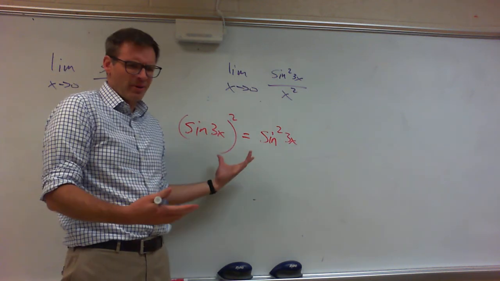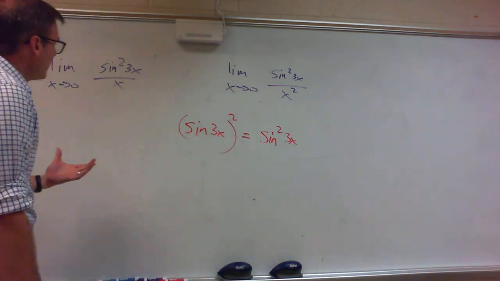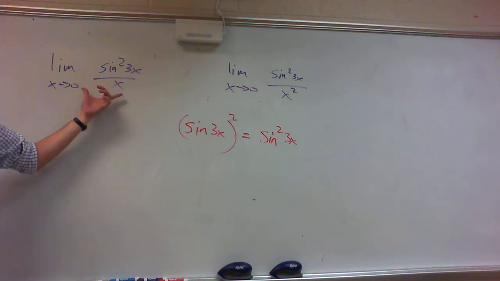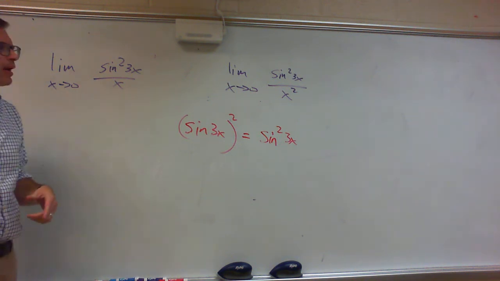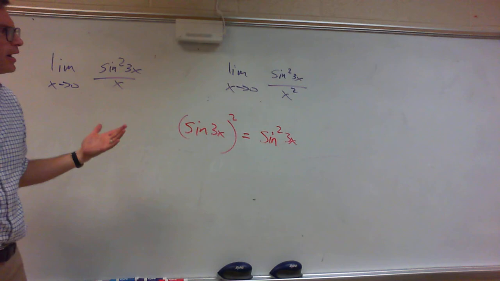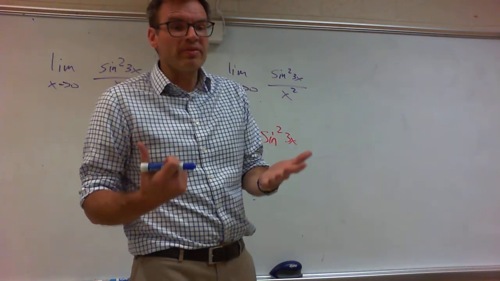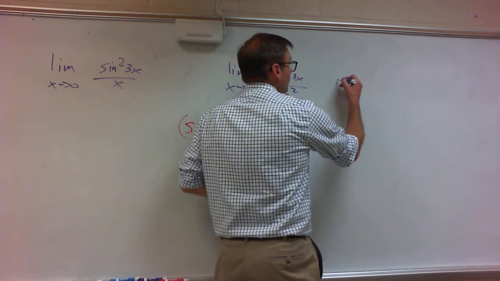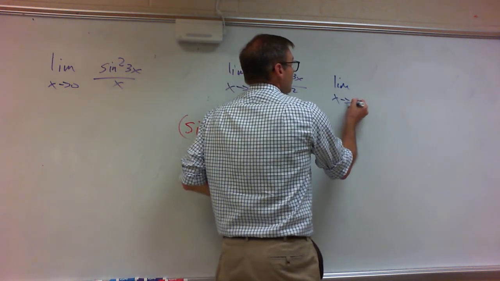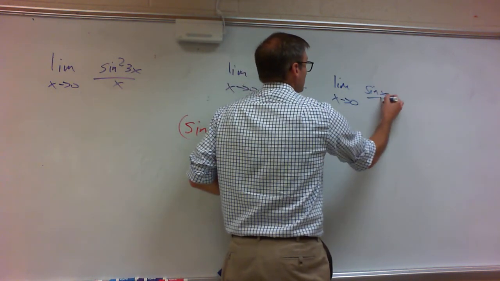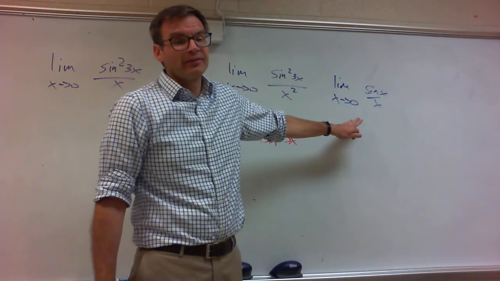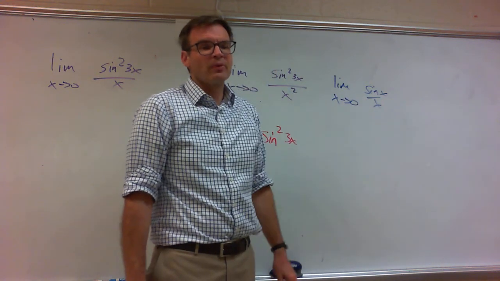Now, why did I make a big deal about all of this? Well, I want to talk about this particular problem. I have sine squared 3x over x, and right now we know one thing with trig functions: I know how to handle the limit as x approaches 0 of sine x over x. I don't know how to handle a sine squared.